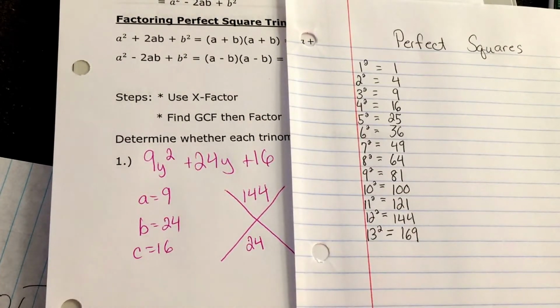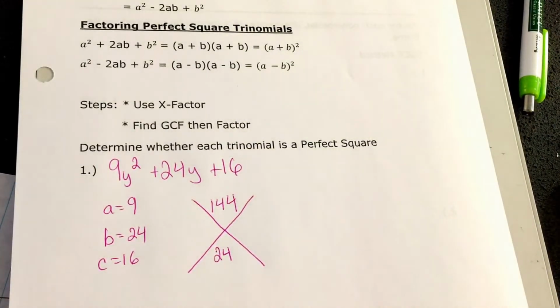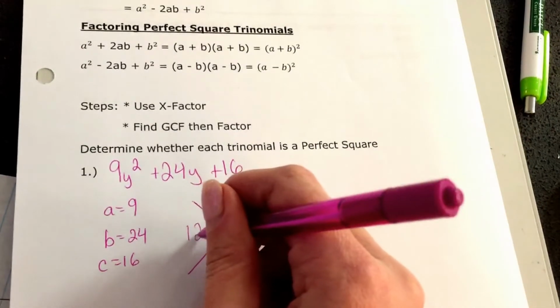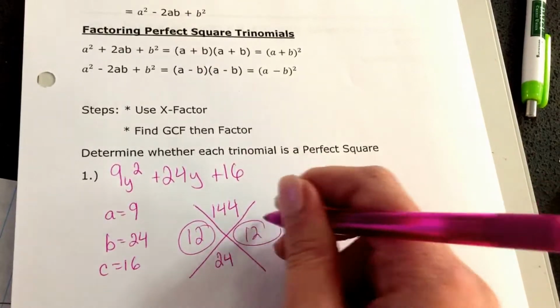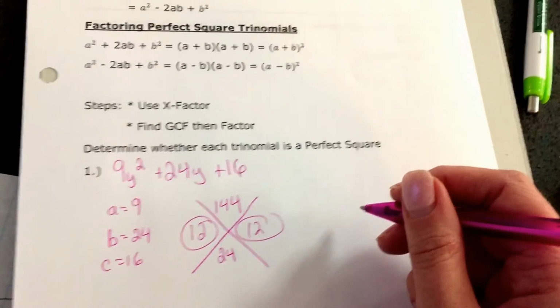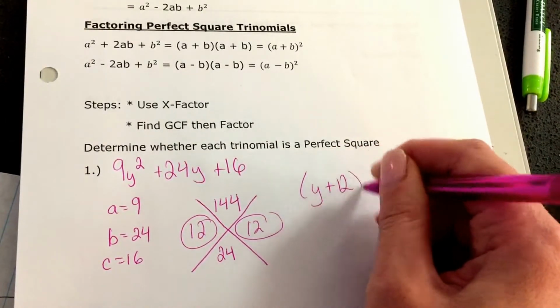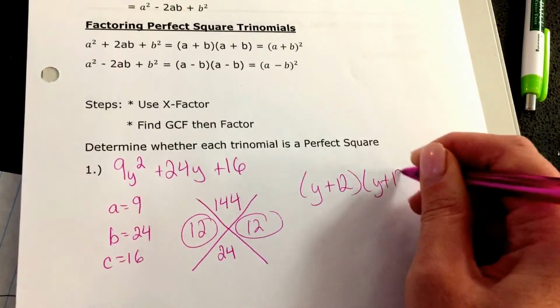So 12 times 12 is 144. 12 plus 12 is 24. So look, it works for us. Okay? So we're going to use 12 and 12. Now, that gives us y plus 12, y plus 12.